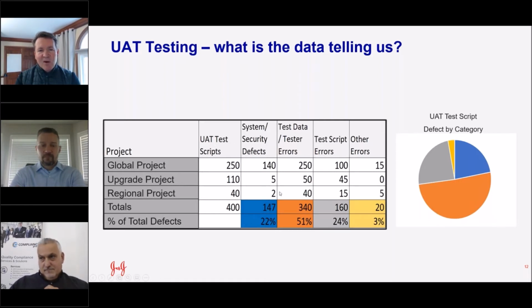It's about 1/4, based on this small data set. It might vary by project, but that is where the value is, by focusing on those defects where there is something wrong with the application or how it was configured or customized. There is something not doing what it's supposed to do. That's where the value is.